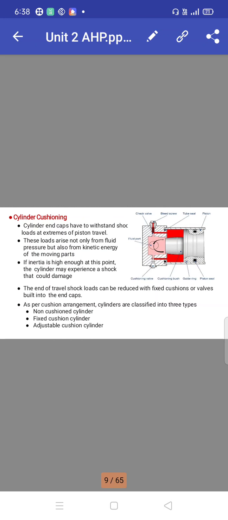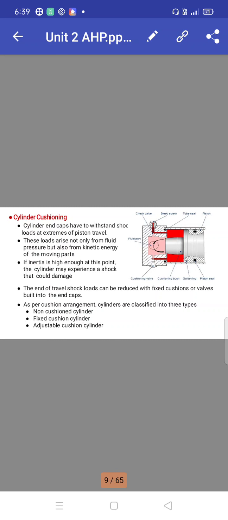Cylinder cushioning: the cylinder end caps have to withstand shock loads at extremes of piston travel. These loads arise not only from fluid pressure but also from kinetic energy of the moving parts. If inertia is high enough at this point, the cylinder may experience a shock that could damage it.